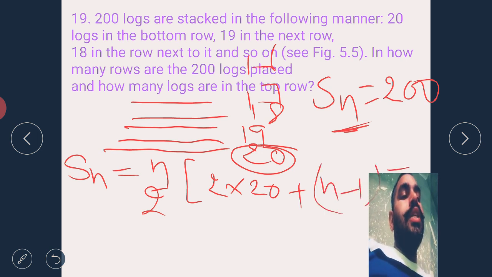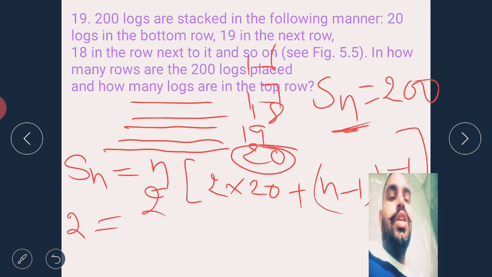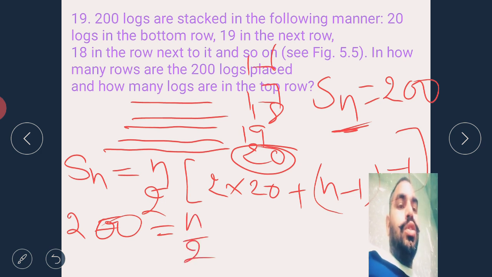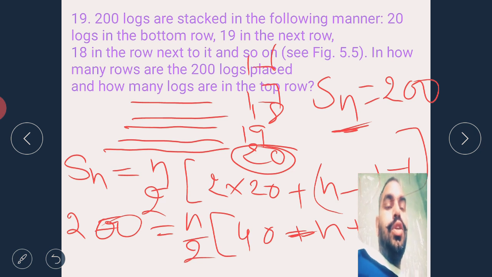D is minus 1. Got it or not? So that can be written as 200 is equal to n by 2, 40 plus, minus 1 times n gives minus n, and minus minus plus 1. Got it or not?